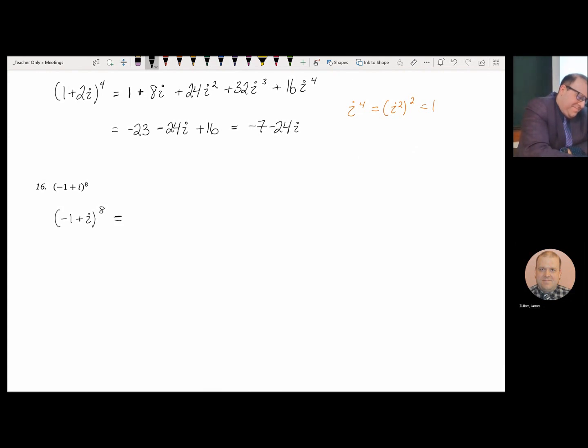All right, so, no. I mean, Pascal coefficients are 1, 7, 21, 35, 56, 70, 56, 35. No, wait, what? 1, 8, 28, 56, 70, 56, 28, 8, and 1. That does not sound right for the 8th row. Might be, I don't know. I haven't memorized down that far.